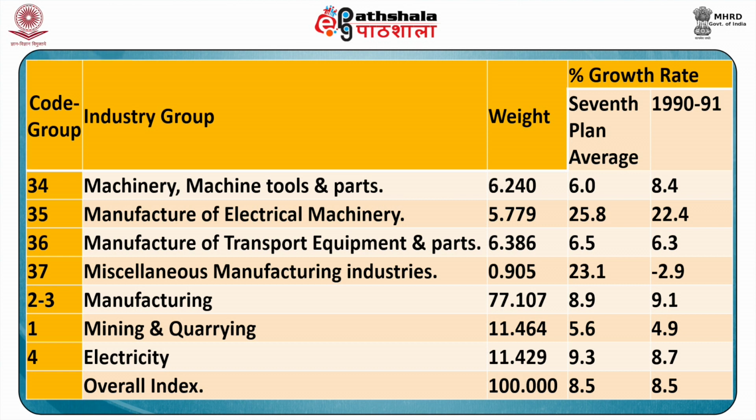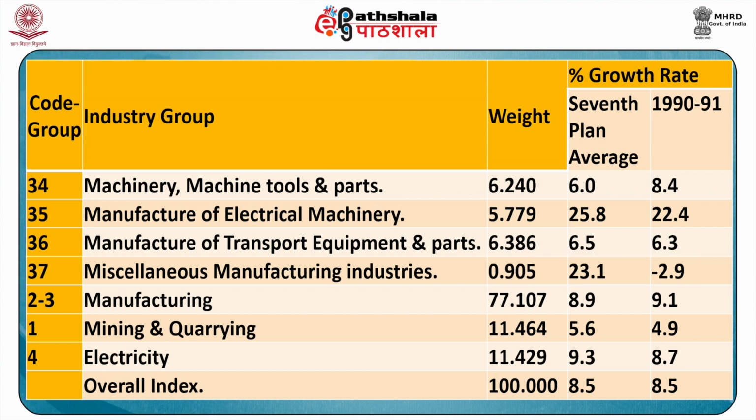Next, miscellaneous manufacturing industries. Its weight was 0.905 with a growth rate of 23.1% in the 7th 5-year plan and minus 2.9% in 1990-91.